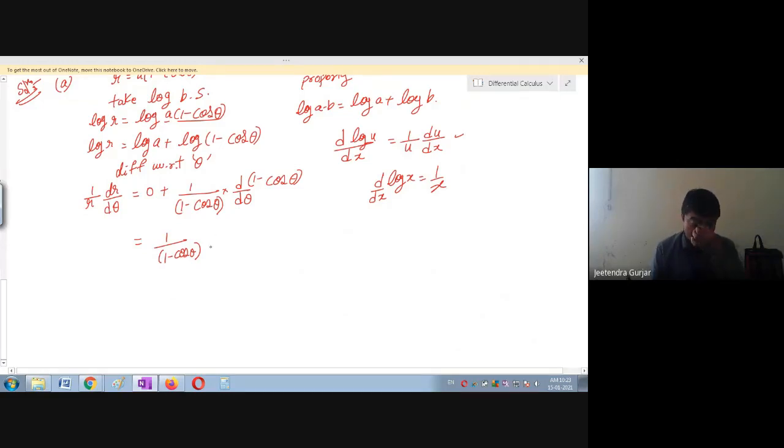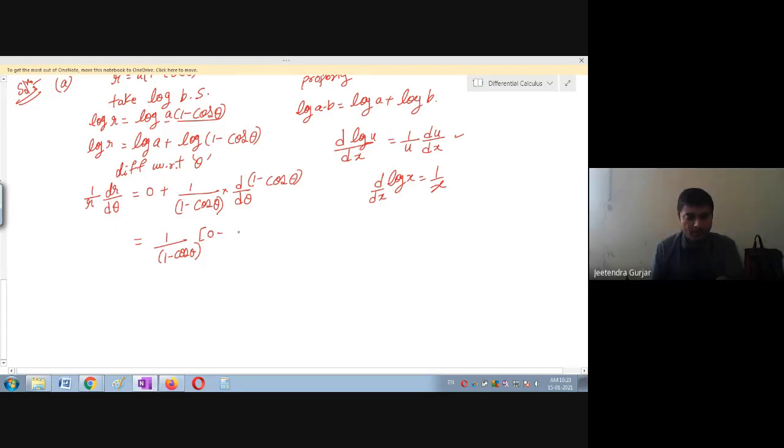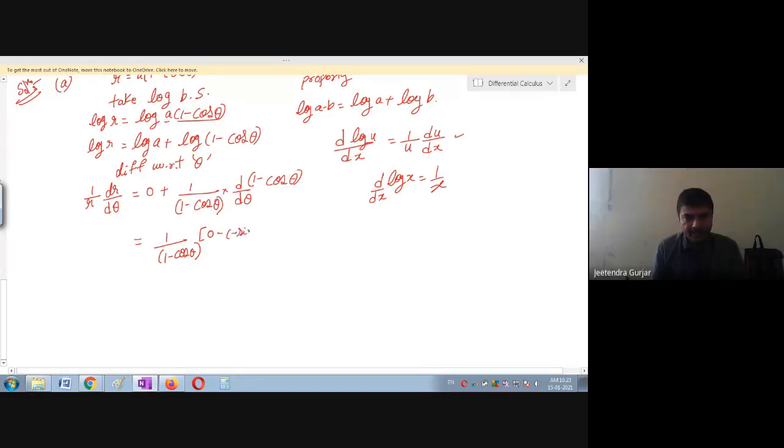Then the differentiation of 1 minus cos theta: can anybody tell me the differentiation of 1, students? 0, very good. Minus, can you tell me the differentiation of cos theta? Minus sin theta, excellent, that is the correct answer. Now we will simplify. Minus into minus becomes plus, so 1 into sin theta is sin theta divided by 1 minus cos theta.